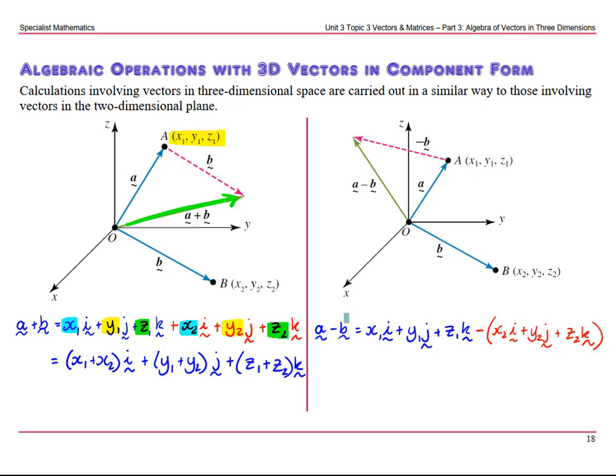And again, looking at corresponding values, we will subtract them. So (x1 minus x2)i plus (y1 minus y2)j plus (z1 minus z2)k.